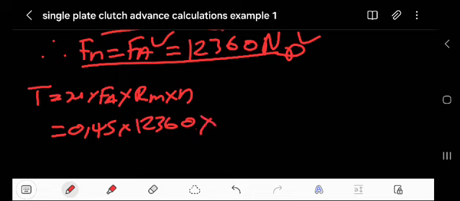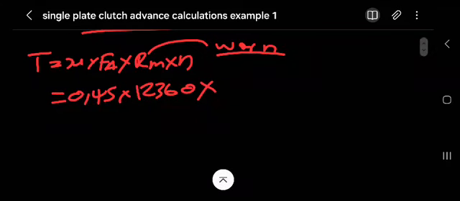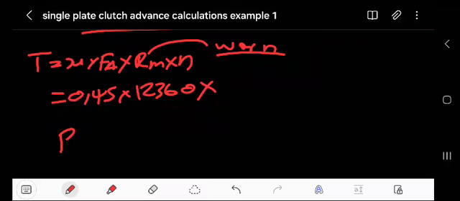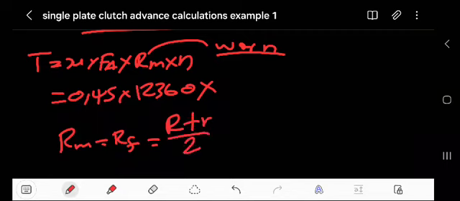What about Rm now? If it is 1, we'll use uniform wear theory. Rm is equal to Rf under uniform wear theory, which is R plus r over 2.